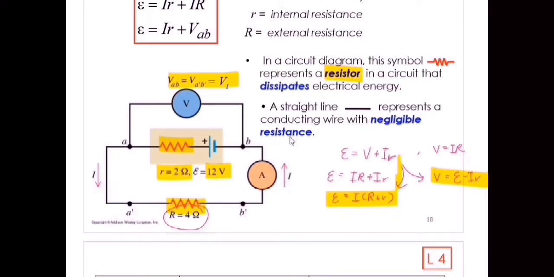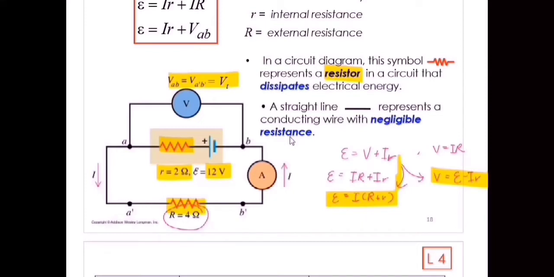Since there's an internal resistor in the battery, some of the EMF produced by the battery is consumed by the internal resistor of the battery itself. That's why the terminal voltage is not equal to the EMF.